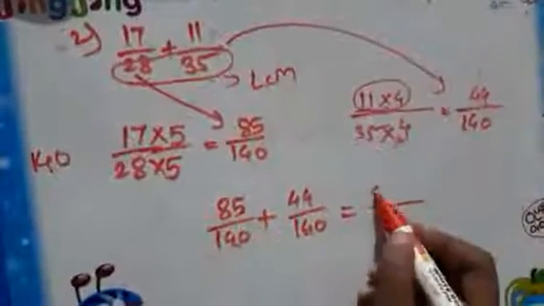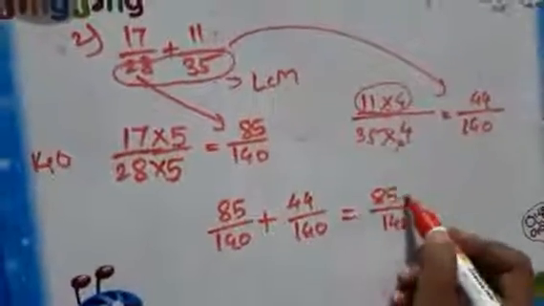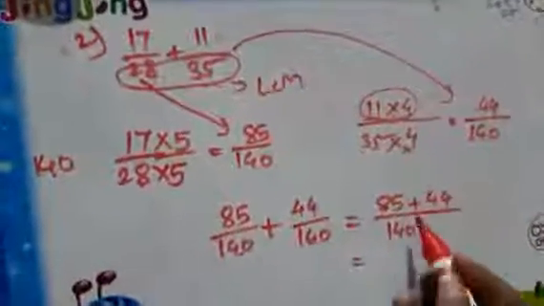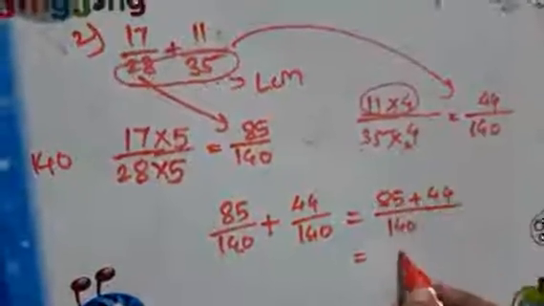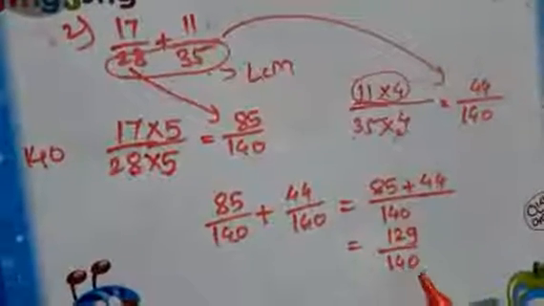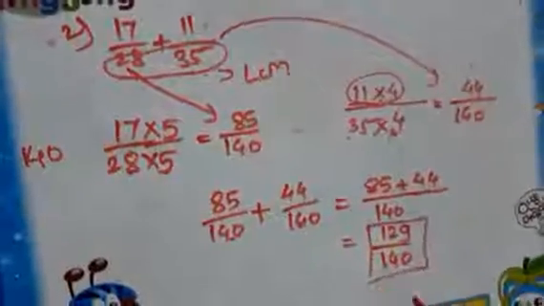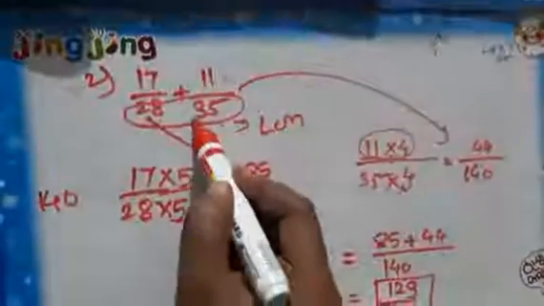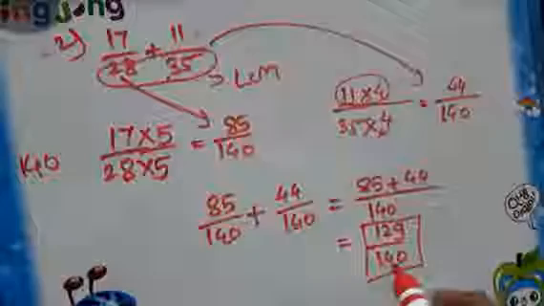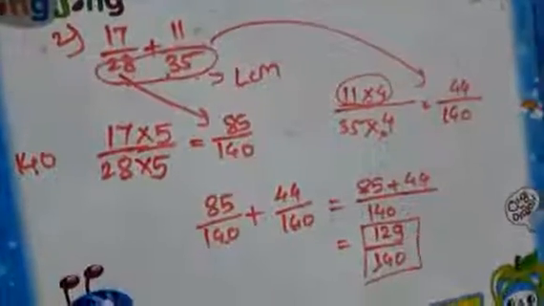The numerator of the first is 85. The operation is addition. The second number is 44. So 85 plus 44 is 129 divided by 140. This will be the addition of these two numbers. If you check by the first method and the second method, this answer is the same for both.